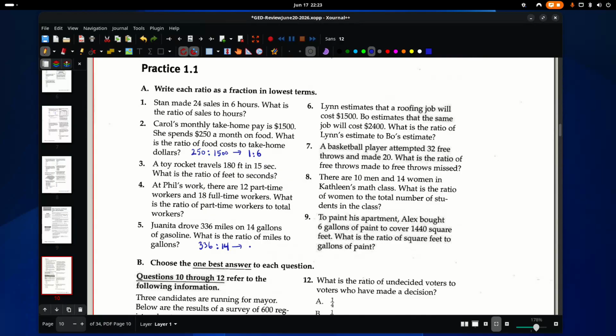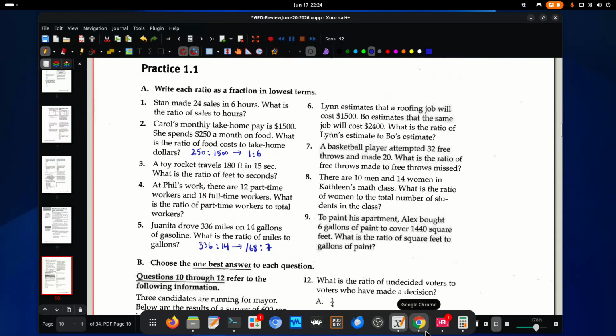We certainly can divide both parts of the ratio by 2. So that gives us a 7 on the right-hand side of the ratio. And 336 gives 168 to 7. I think that's as low as we can go with that one.